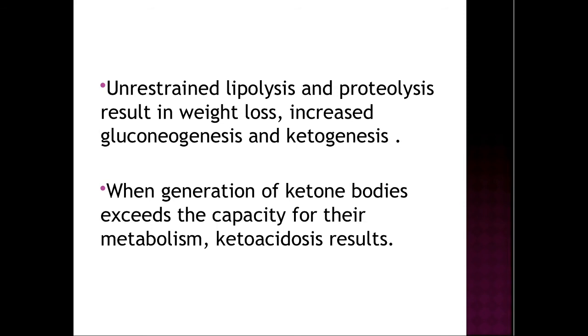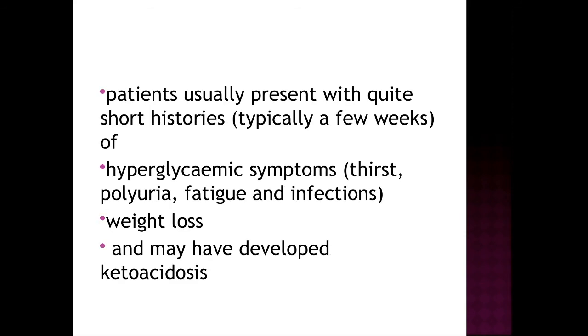Unrestrained lipolysis and proteolysis result in weight loss of the patient and increased gluconeogenesis and ketogenesis. When generation of ketone bodies exceeds the capacity for their metabolism, ketoacidosis will occur as a result of this pathology.